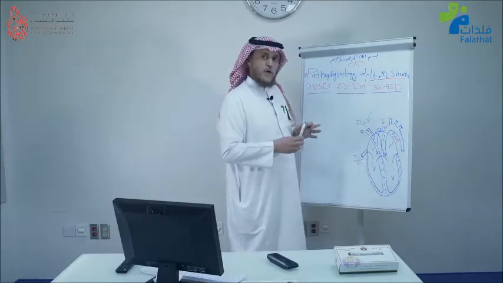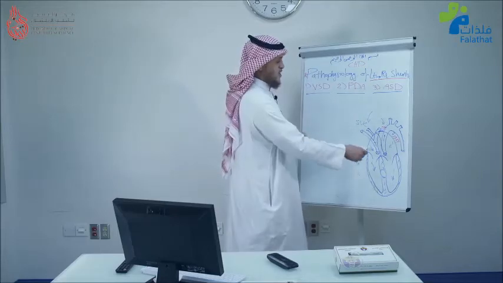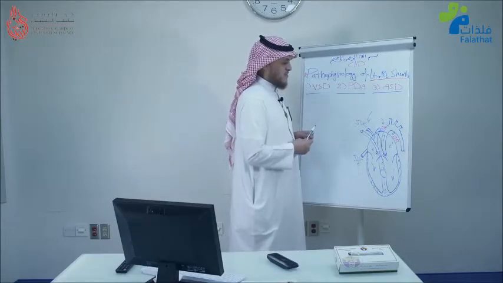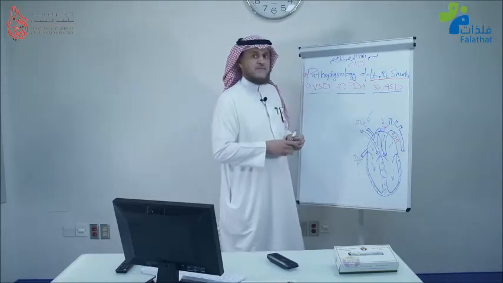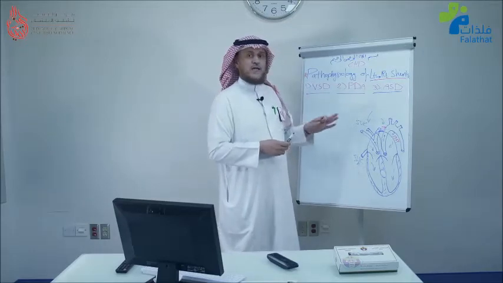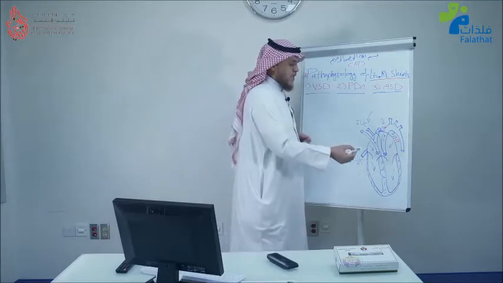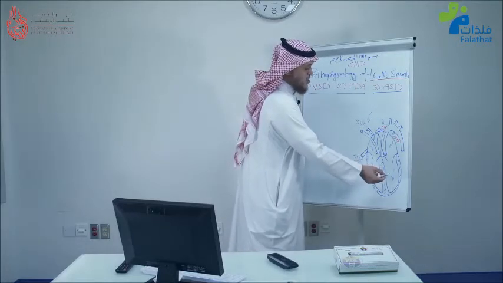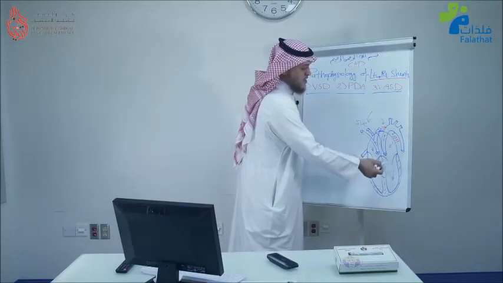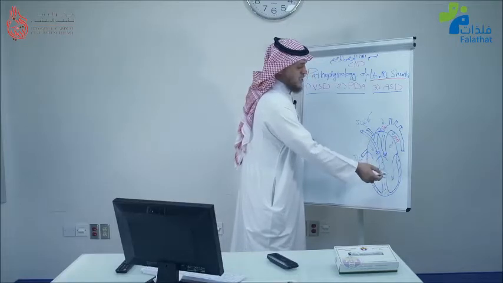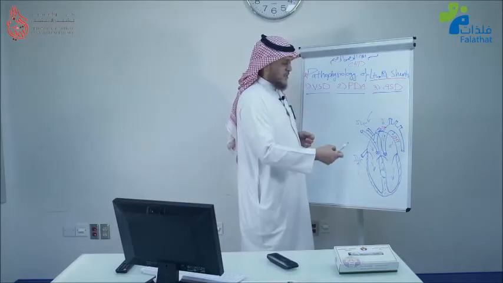So we all know that the left side pressure and left side resistance is about 4 to 5 times the right side pressure and the right side resistance or more. Imagine your left ventricle is going to eject, that means contract, the blood.